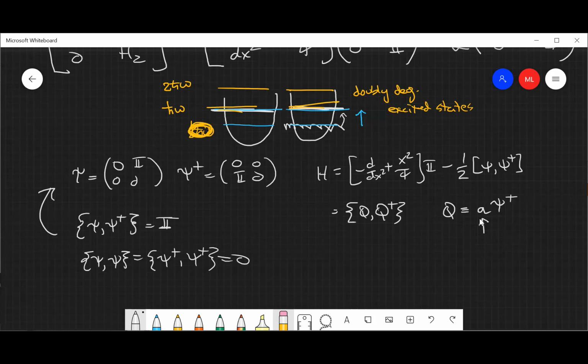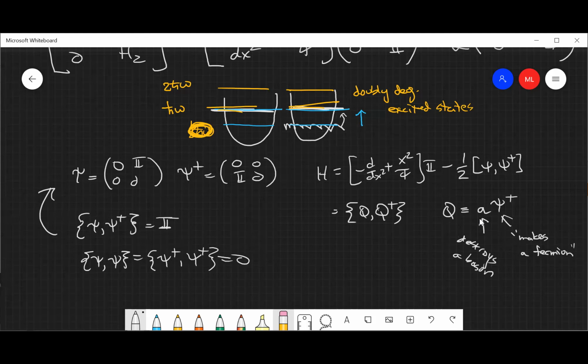And then we know that A, the lowering operator for the harmonic oscillator, behaves just like an annihilation operator for a boson. So what this Q does is it makes a fermion and it destroys a boson.